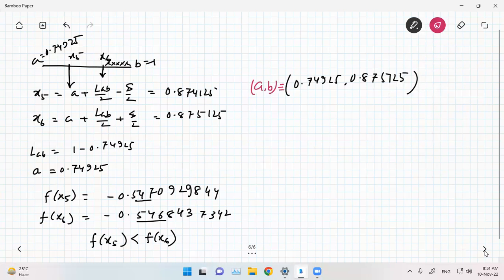And since we have to do only 3 iterations, we can stop here and we can figure out the middle of it as an optimum point. So x optimum will be half of the two, which will be 0.8121875. And the corresponding f optimum value will be approximately, it's better to use the approximate formula here, minus 0.558632748, just plugging the value into the function.